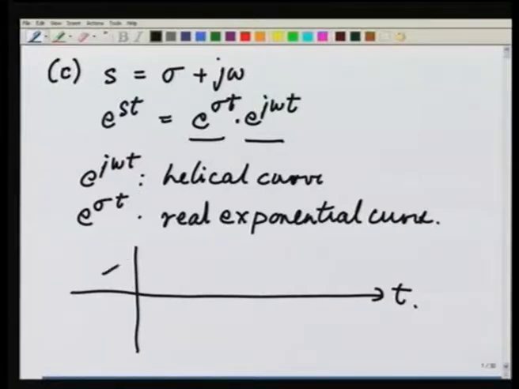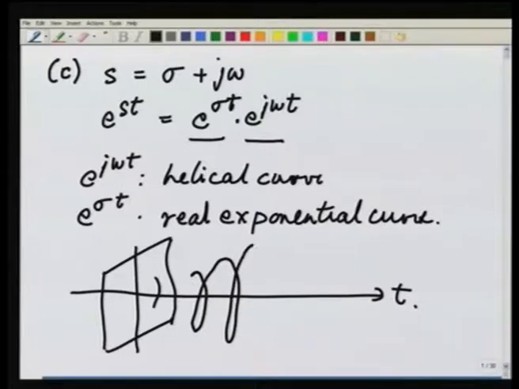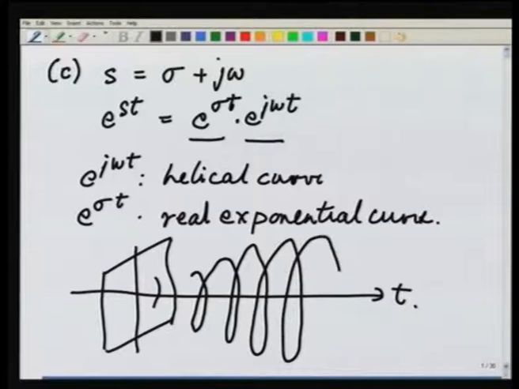So, it would look like this. If this was the plane for the value of the function, then we would have a helix that goes on like that. The pitch of the helix is constant.